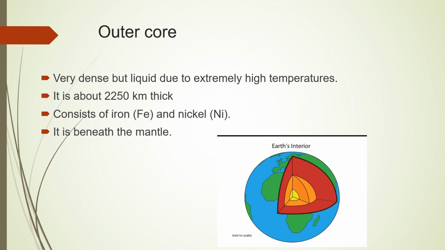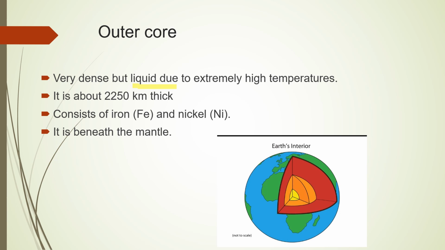So from this statement, we get to find out which state our outer core is in. The word liquid tells us that it's in a liquid form. So the state of matter in this layer is liquid. Due to what? Due to extremely high temperatures.